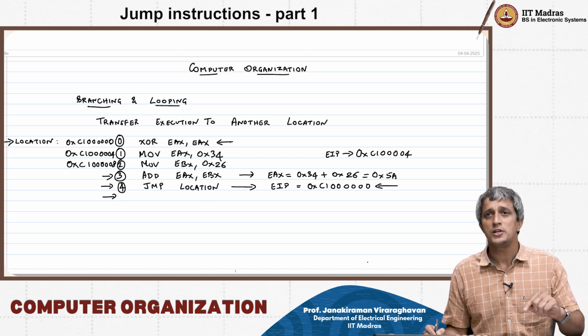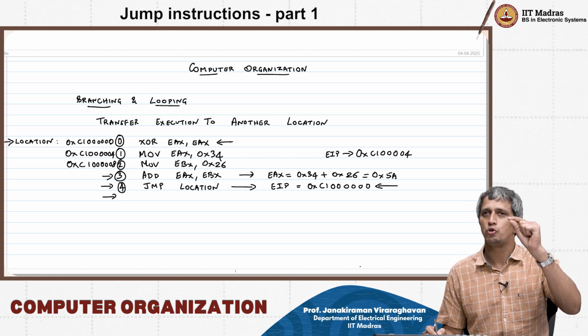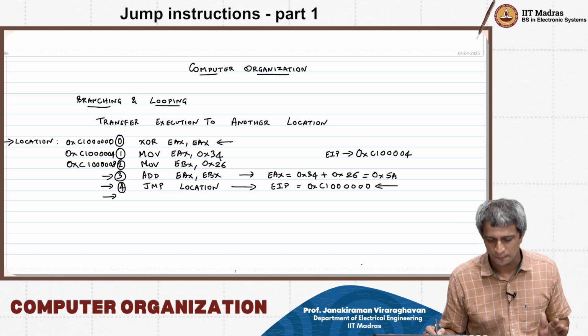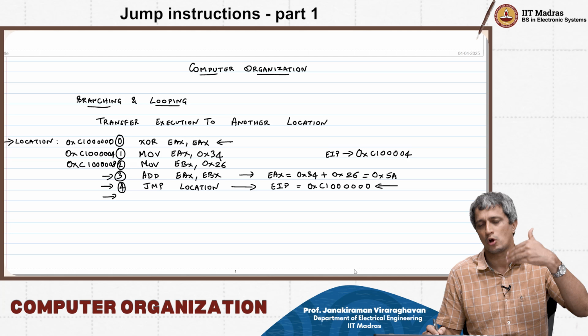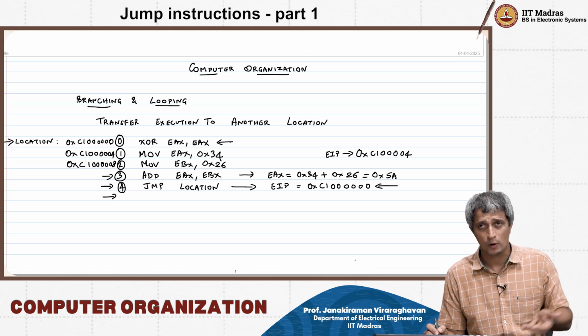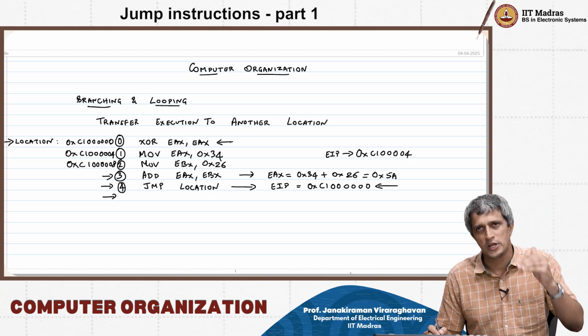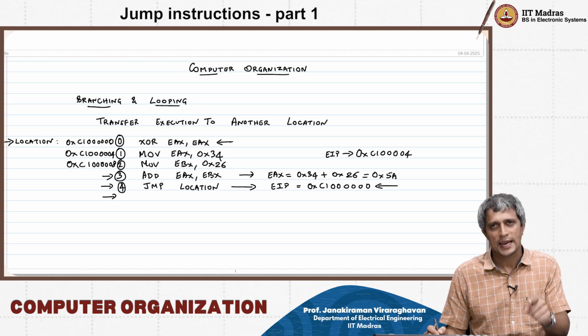Now you go to C1, all zeros, and do XOR EAX, EAX, which clears the EAX register. Then the first instruction loads EAX with 0x34, then EBX is loaded with 0x26, you do the addition, and the result will be in EAX. Again you are jumping back.